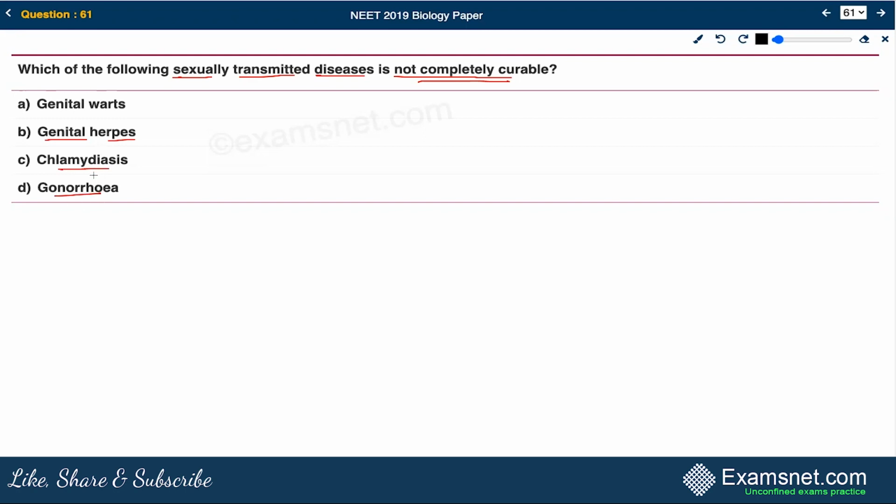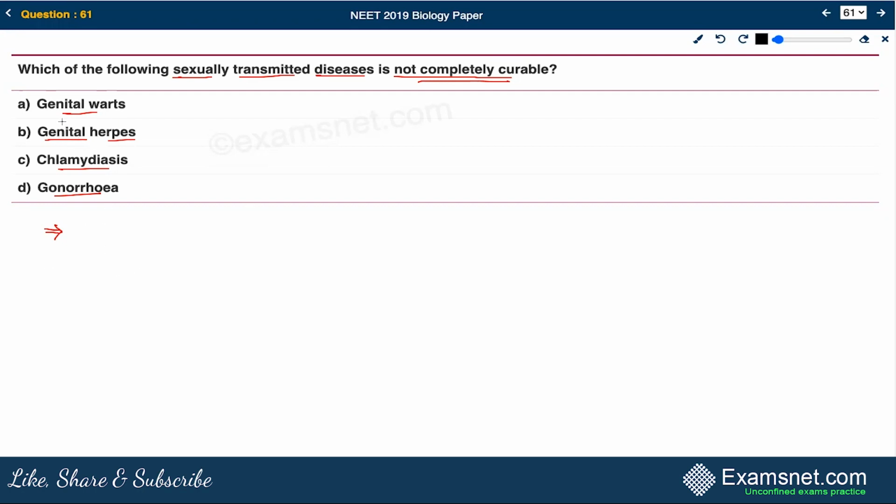Out of all the four options, genital herpes is considered to be the sexually transmitted disease which is not completely curable.